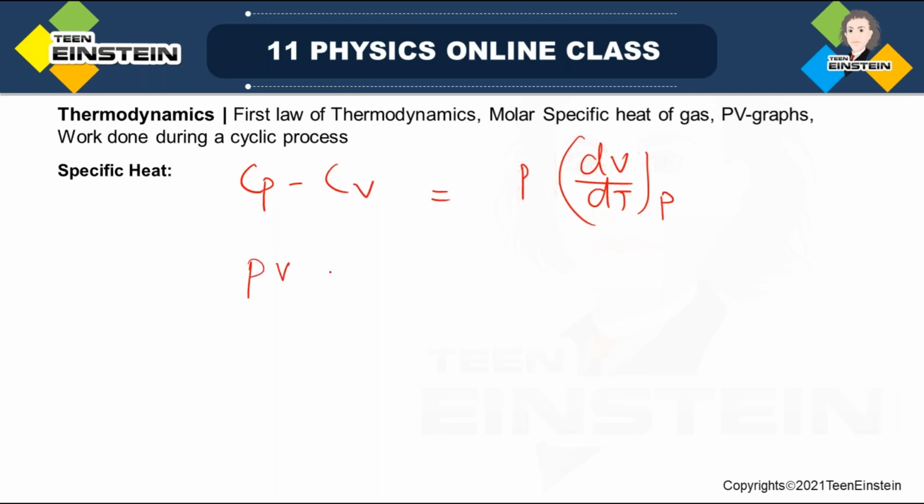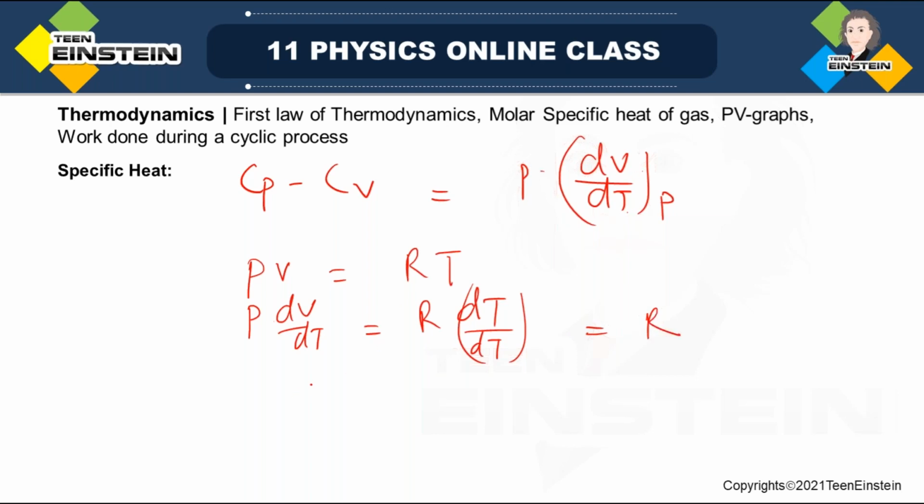Now look, for an ideal gas, we know PV is equal to RT, at least for 1 mole of gas. So we can write P dV is equal to R dT, so P dV/dT is equal to R. So Cp minus Cv is what?